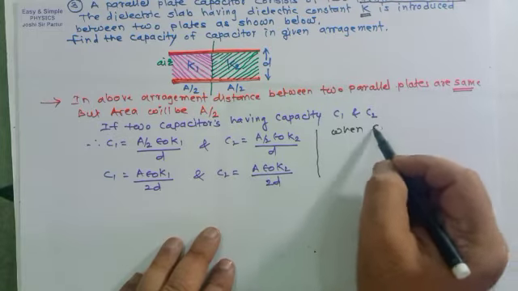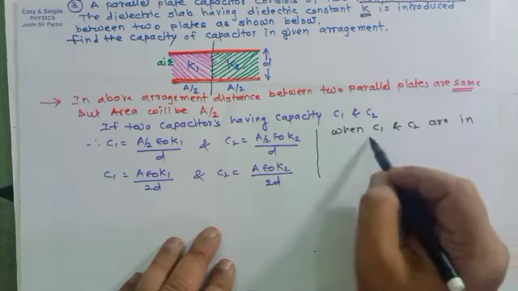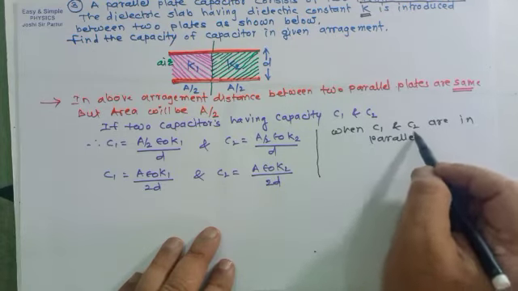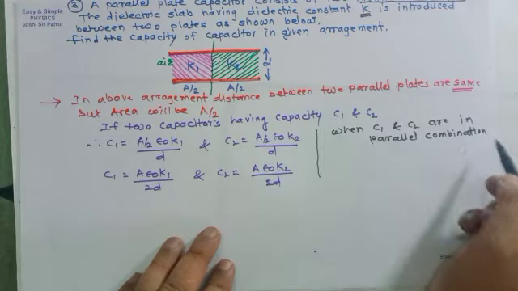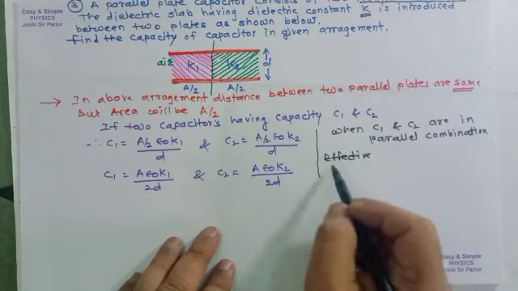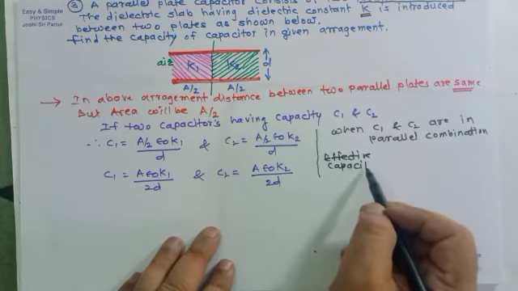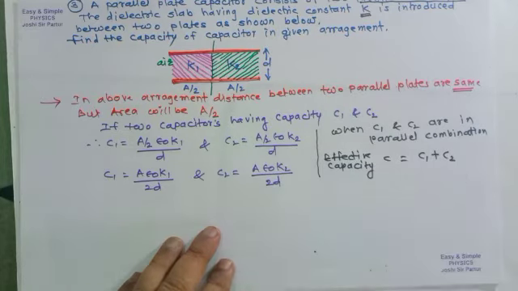When C1 and C2 are in parallel combination, effective capacity C equal to C1 plus C2.